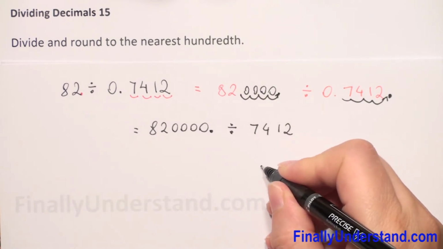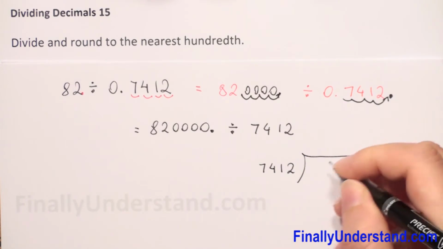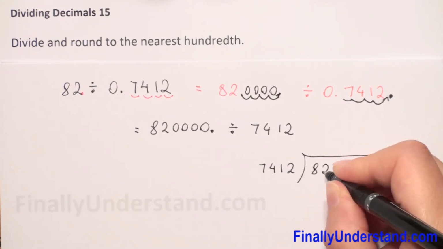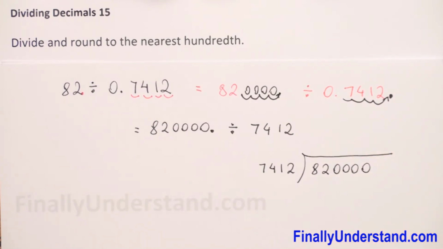We have 7412 and our dividend is 82000 decimal point. So our divisor is 7412. How many times can we put it?